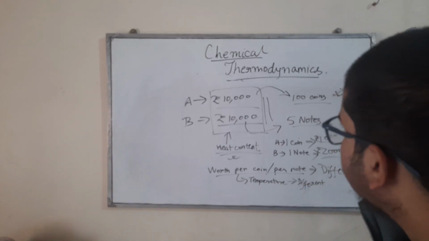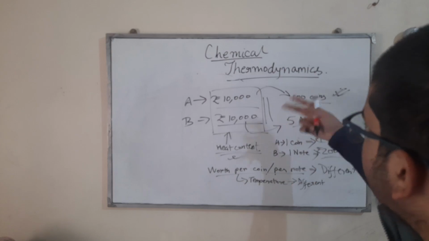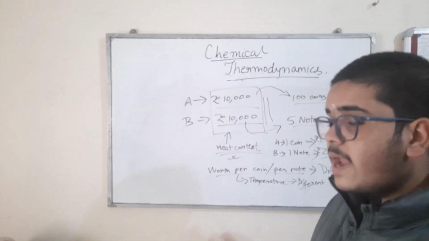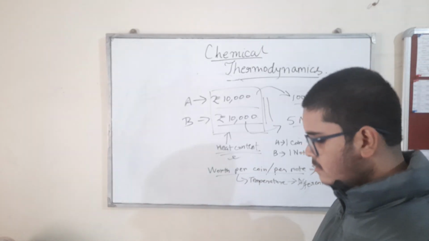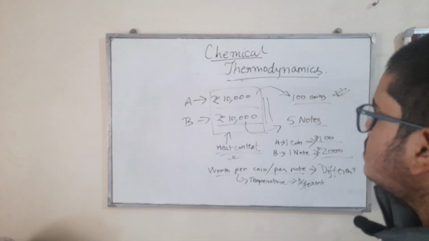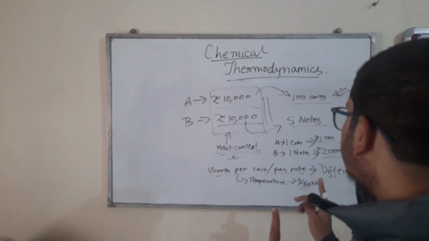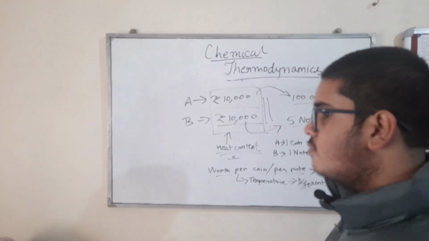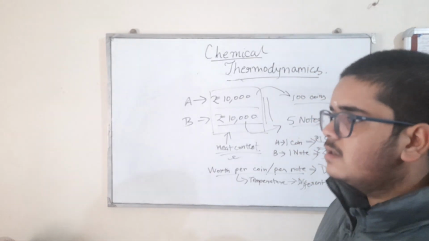If this person gives him one coin and takes one note, then there is a net increase or decrease in the wealth of these two people. So their heat content is changing. It is only possible when their temperatures are different, when heat will flow from one body to another. Okay?